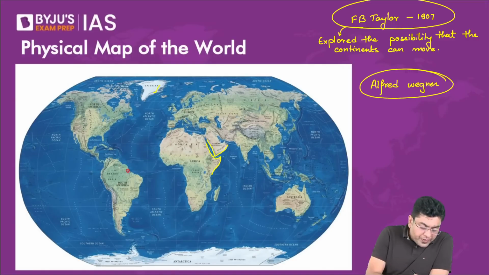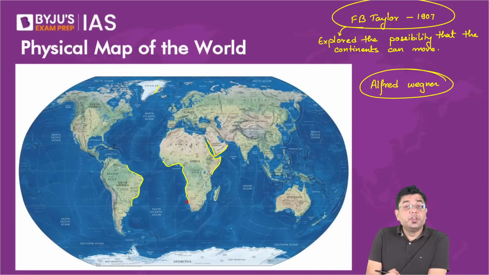Also, if you take a look at the eastern part of South America and the western part of Africa, the shape is strikingly similar. Similarly, the shape of the western coast of India and the eastern coast of Madagascar were also very similar.